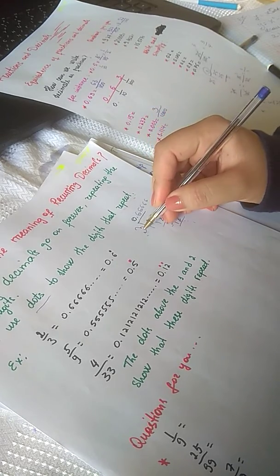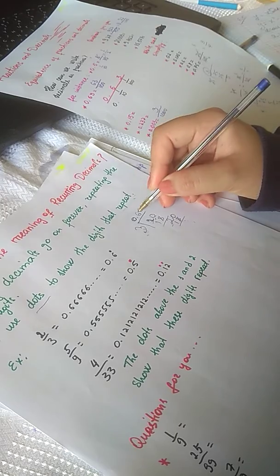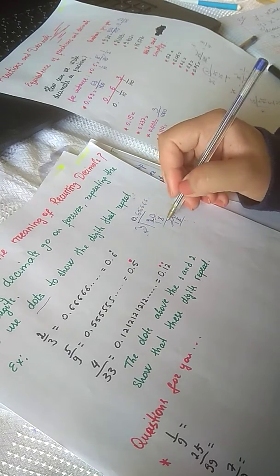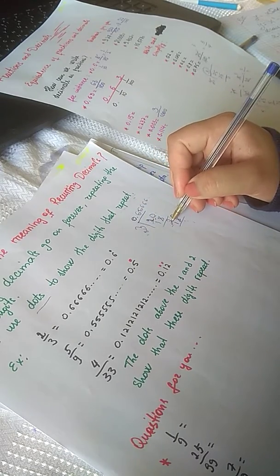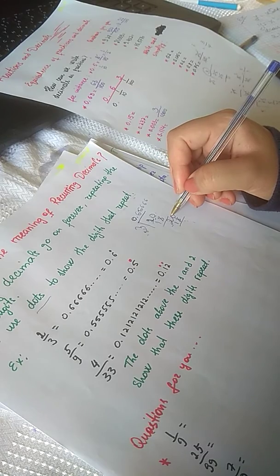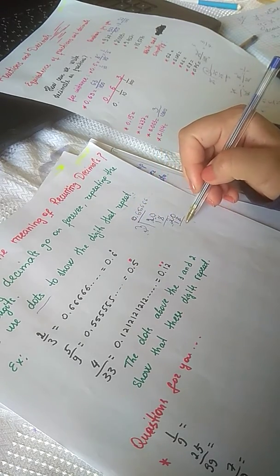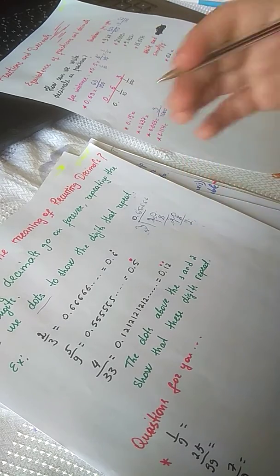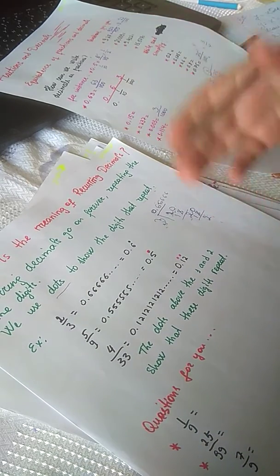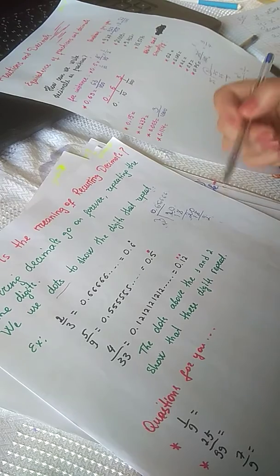Then 20 divided by 3 is 6 times. Yes? 6 times 3 is 18. If we subtract, it's going to be 2 again. Again, we should add 0. Then 20 divided by 3, 6 times, again 18, again 2. It's going to be the same thing. It's just repeating with the same numbers.